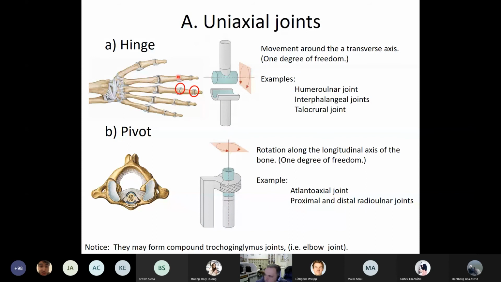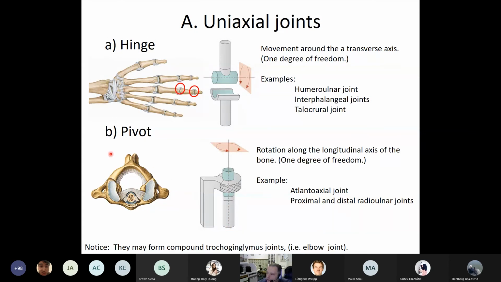This is a common feature of the hinge joint. Also, if we stick to the uniaxial joints, the other type of the uniaxial joint is the pivot joint. This one is a joint that allows, again, a movement around one single axis, but that axis is typically parallel with the long axis of the particular bone you are talking about.